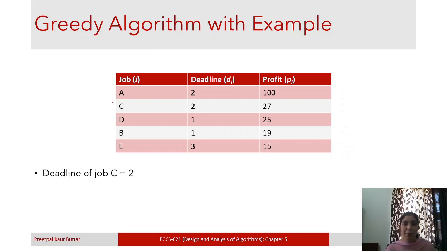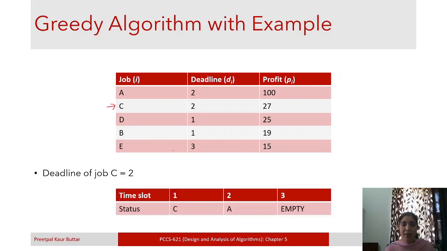Next we pick job C because it is next in this sorted list in descending order. The deadline of job C is 2, but slot 2 is already occupied by A, so the next free slot going backwards is 1.